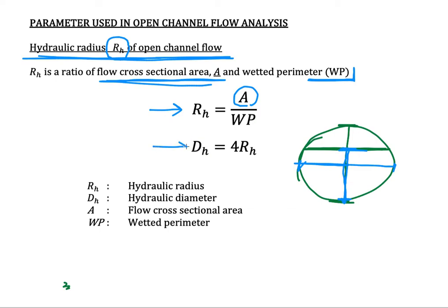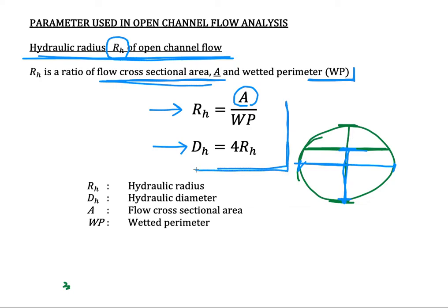The hydraulic diameter is equal to 4 times the hydraulic radius. It is not the same as the common diameter, which is 2R. For hydraulic diameter, it is 4R, so you need to remember this equation.